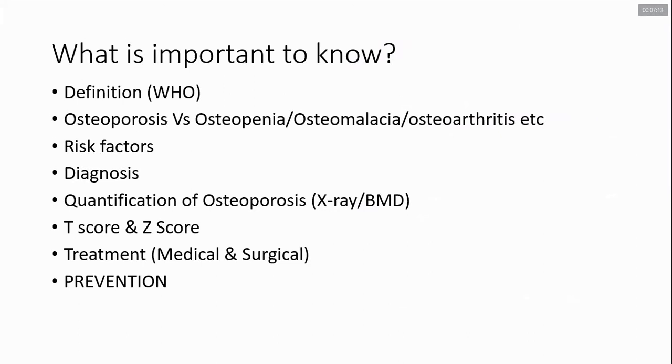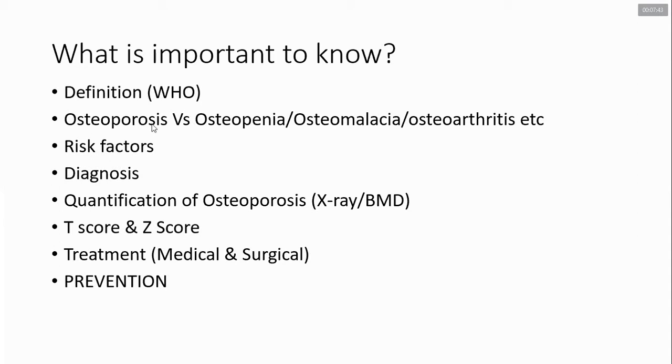By the end of the lecture, I would expect that you should at least know the general definition, as well as the WHO definition, which has a cutoff point according to T-score. You should be able to differentiate osteoporosis from osteopenia and other conditions such as osteomalacia, osteoarthritis, etc. These are entirely different things.